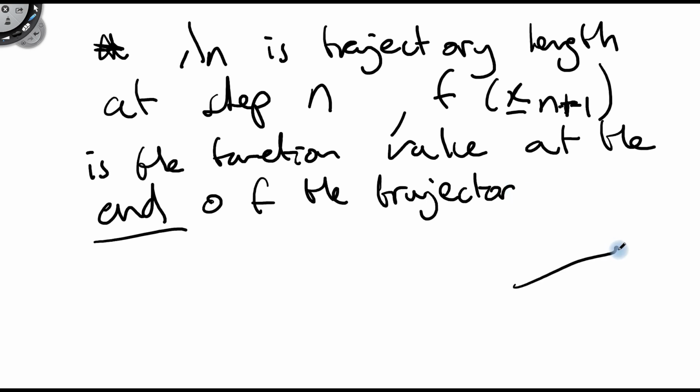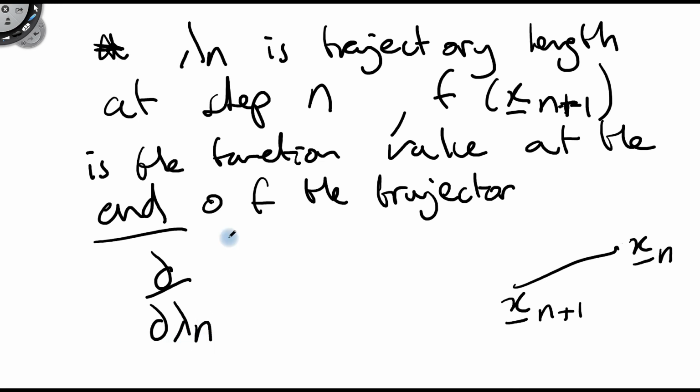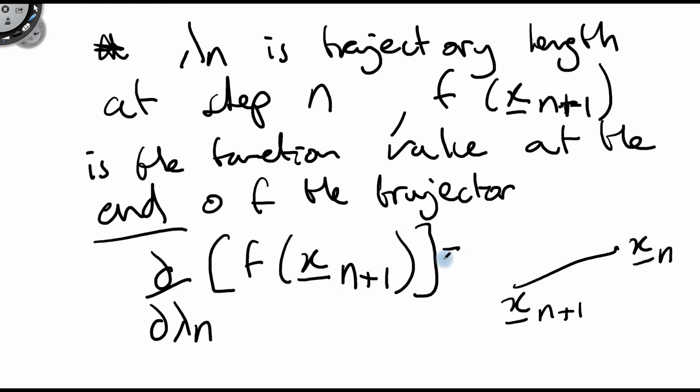Remember, we're starting off at xn here, and then we're going to xn plus 1. So we just apply calculus, and we minimize with respect to this trajectory length. We do d by d lambda n of F of x of n plus 1 equals 0.